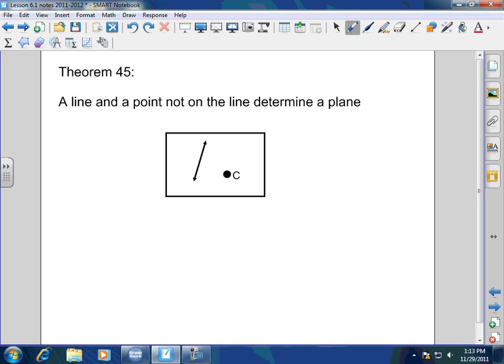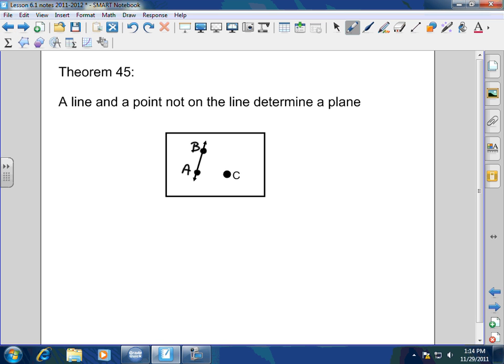If we think about the postulate that we just saw, didn't it say that 3 non-collinear points determine a plane? Can't I get 2 random points from the line and call it, let's say, A, B, and C? Aren't A, B, and C non-collinear? So therefore, I can determine a plane.